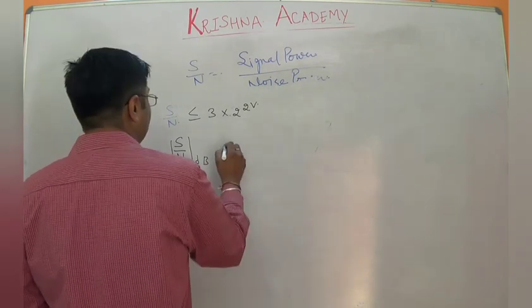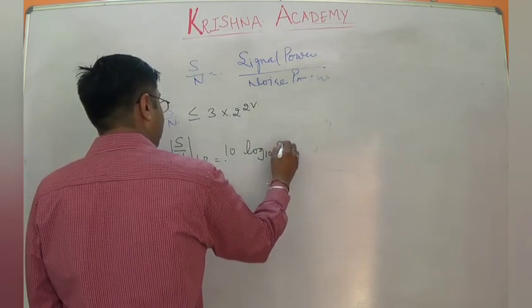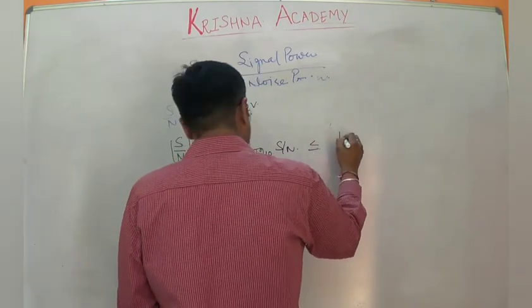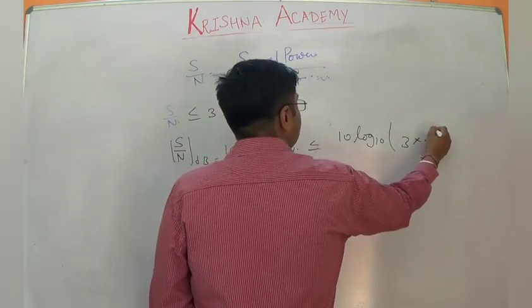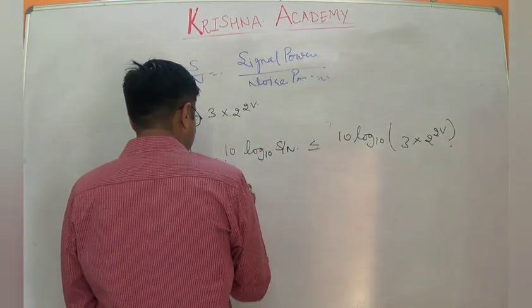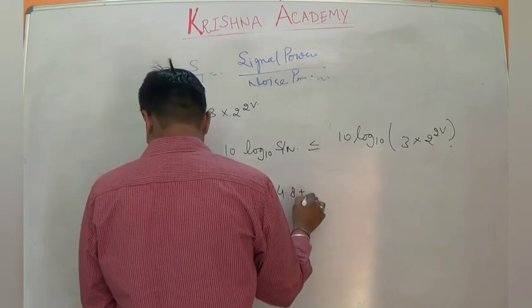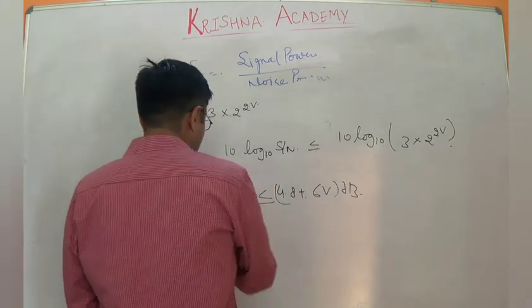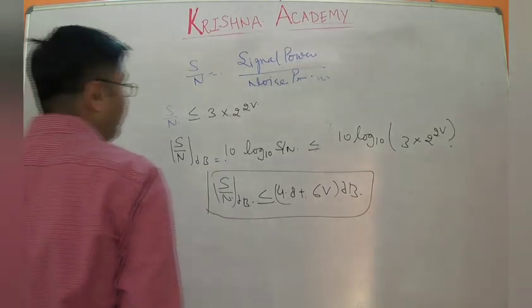So just putting the value over there, 10 log 10 Sn is less than or equal to 10 log 10 of 3 into 2 to the power 2V, and Sn in dB will be less than or equal to 4.8 plus 6V dB. So this is the value we are getting from the above equation.